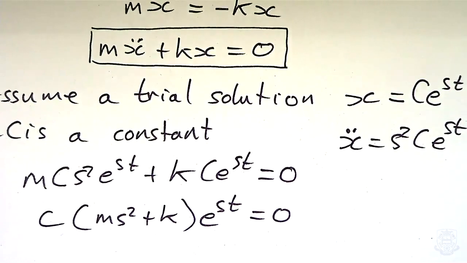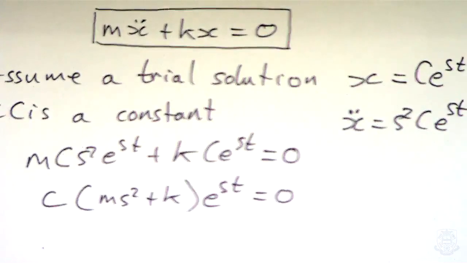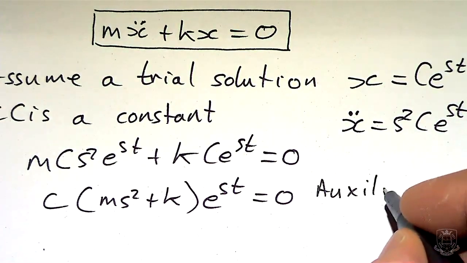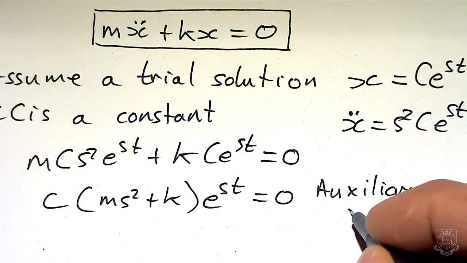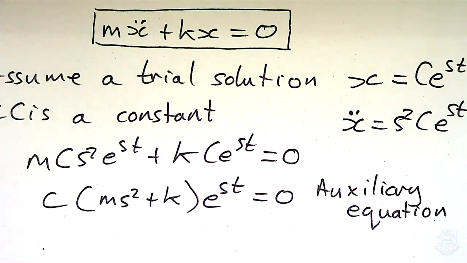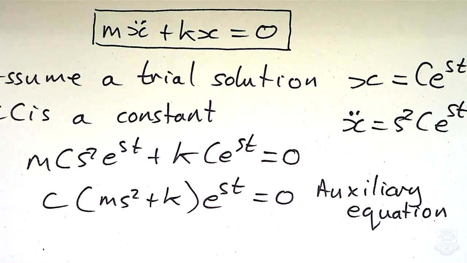That's sometimes called the auxiliary equation. And what people normally do at this stage is divide out by the exponential term. We've got an equation which is equal to 0, so we can divide through if we want to.